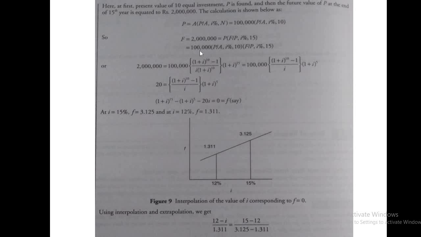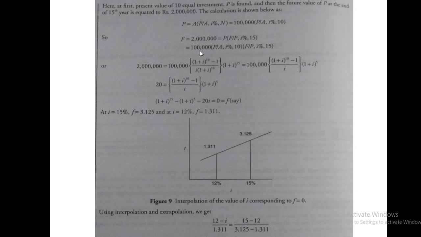In that previous video we went through such numericals: find the future value from the given quantity, if you invest some money yearly, what will be the future value at a particular rate?